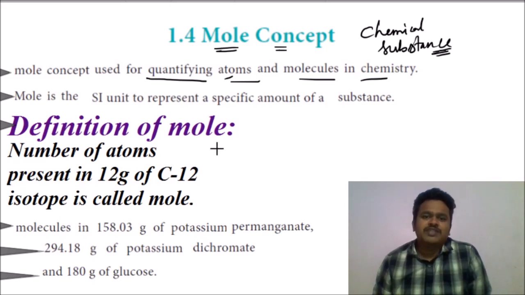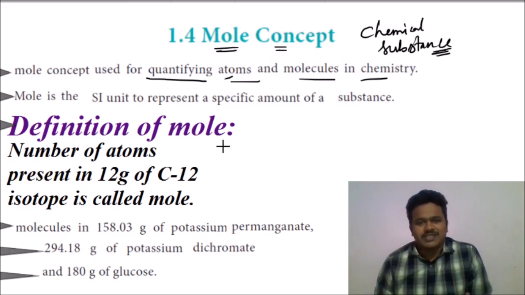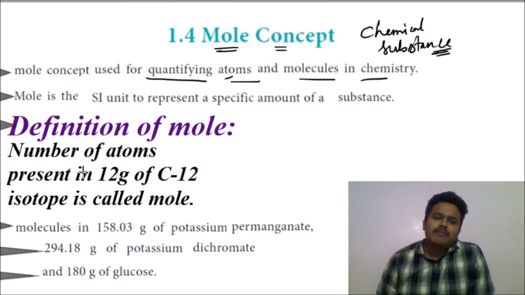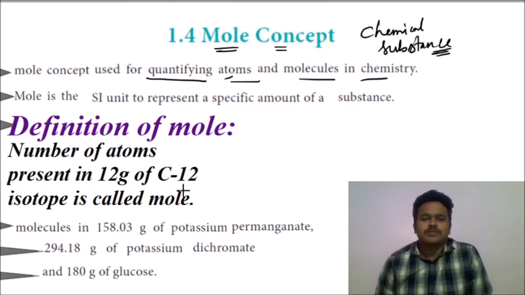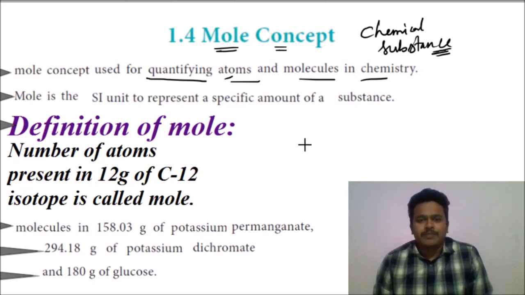Now, how to define this mole? The mole has two or three definitions. The first definition: the number of atoms present in 12 grams of the C12 isotope is called a mole. Carbon has two isotopes, C12 and C14.